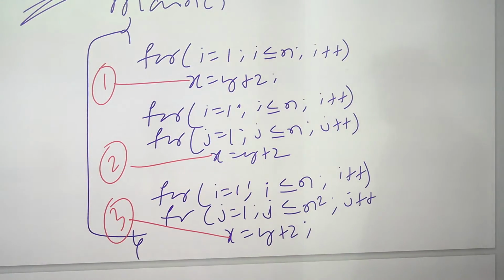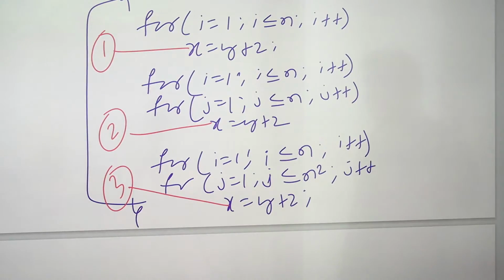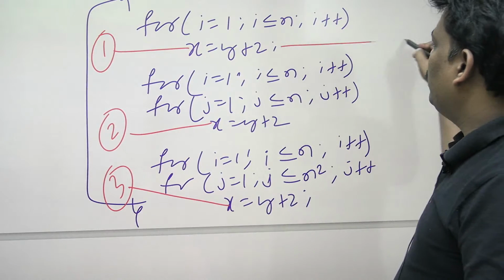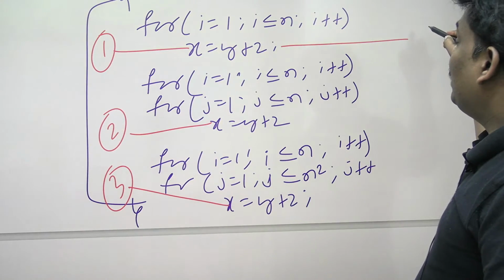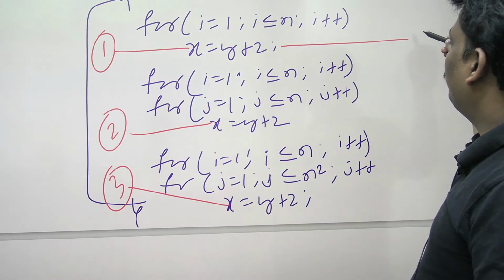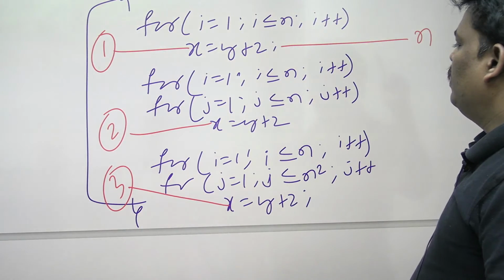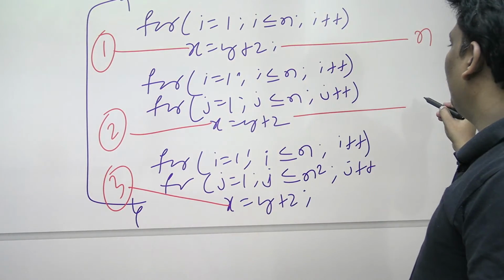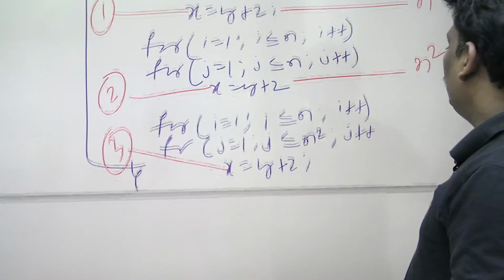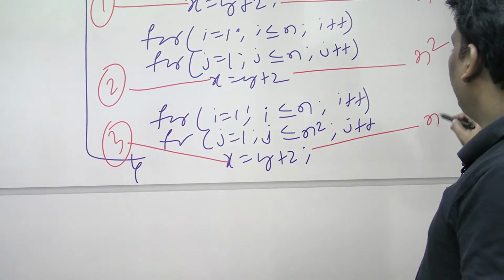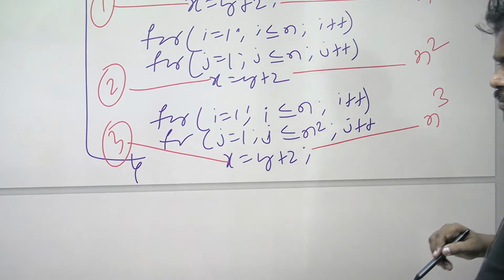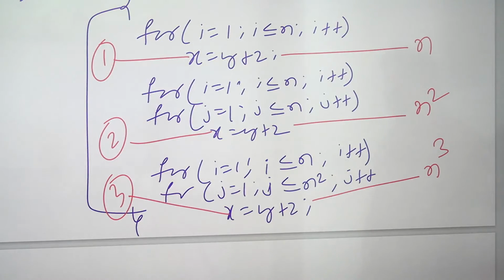Next, while running, how many times will statement 1 execute? N times. Statement 2? N square times. Statement 3? N cube times. Now what is the overall time?